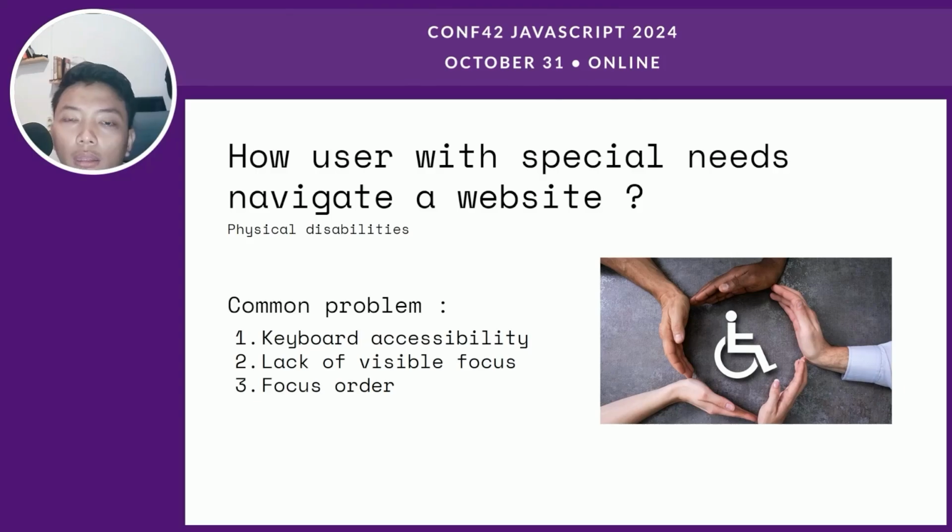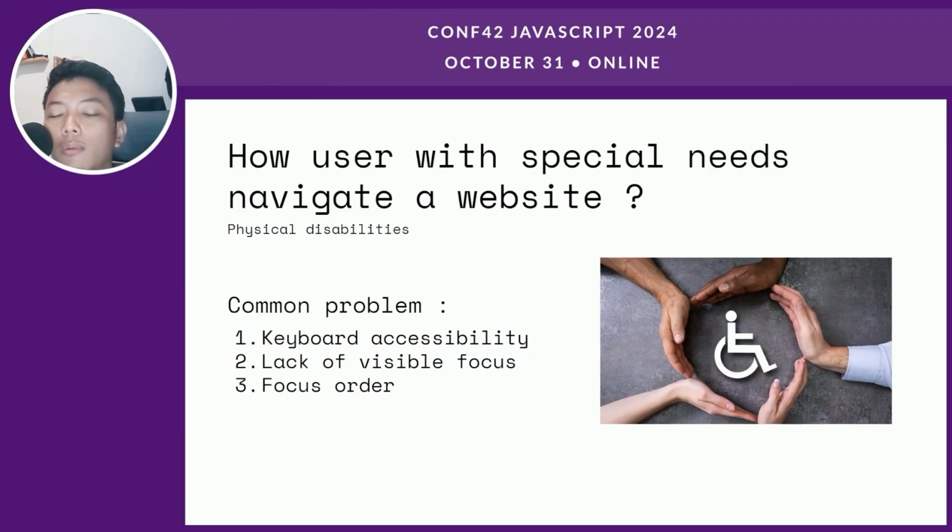But in reality, the keyboard is not fully supported by websites. Only a few percent of websites in the world can be accessed by keyboard. So for example, they want to navigate the website, but the keyboard does not function correctly on those websites.